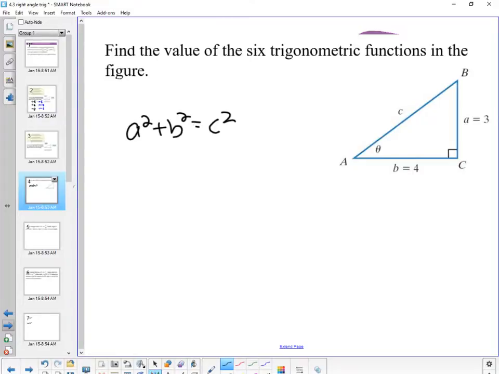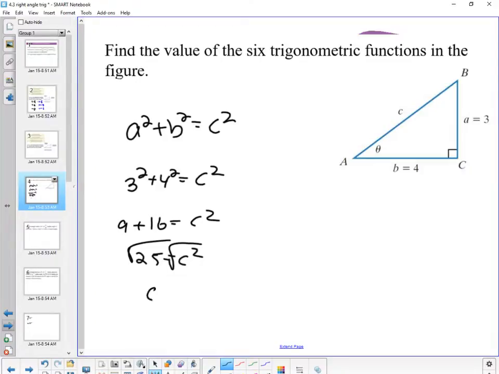In this case, I've got a 3 and a 4. So I've got 3 squared plus 4 squared equals c squared. So I've got 9 plus 16 is c squared. 25 is c squared. So once I take the square root of both, I find that c is 5.